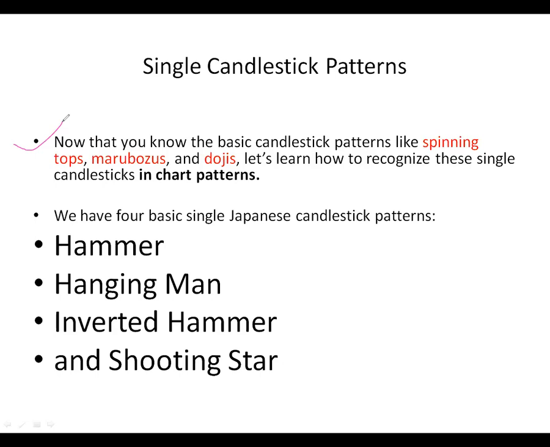I want to repeat this part again. Please take critical notice of what I'm saying. What this note here is saying is that we already know the candlesticks, the spinning tops, the dojis, we know them. But when these candles are found in certain parts of the chart, or when you see them in some particular places on the MT4 or on the MT5, their name changes.